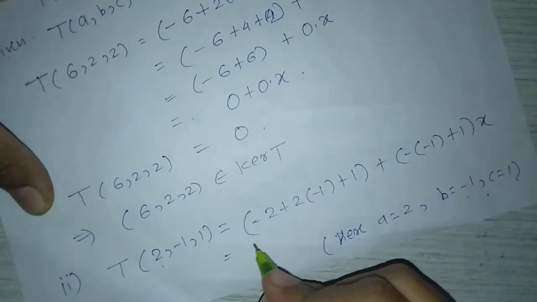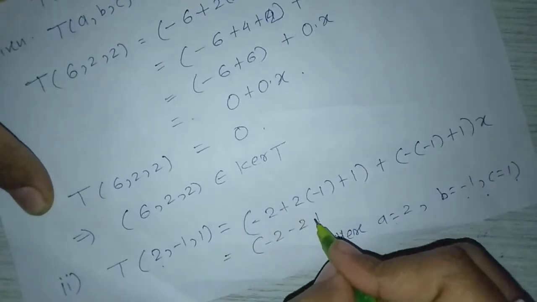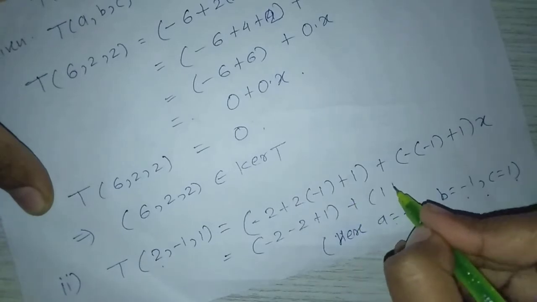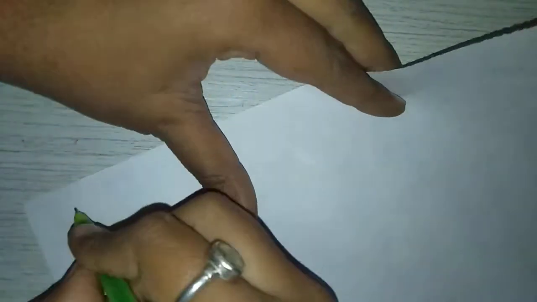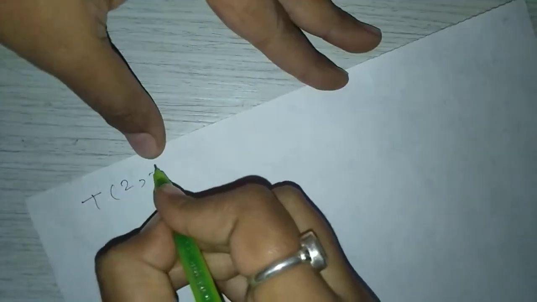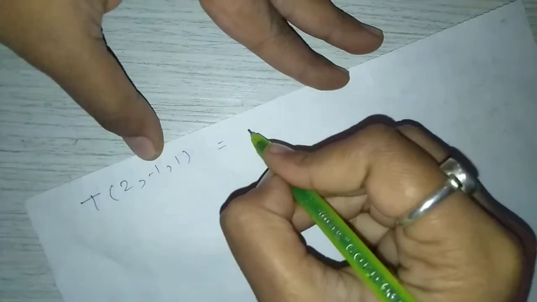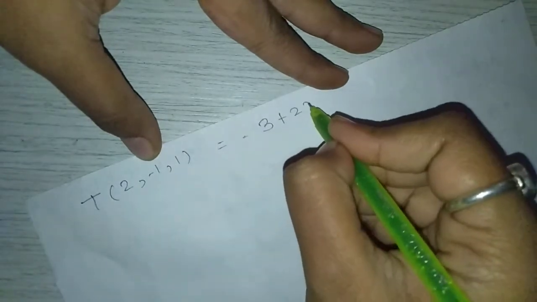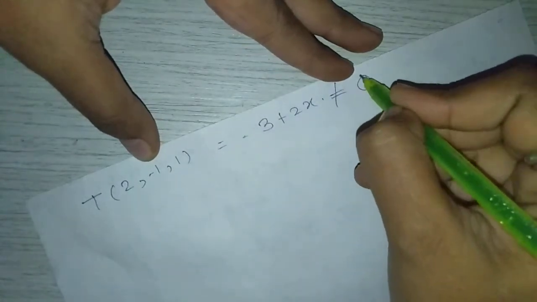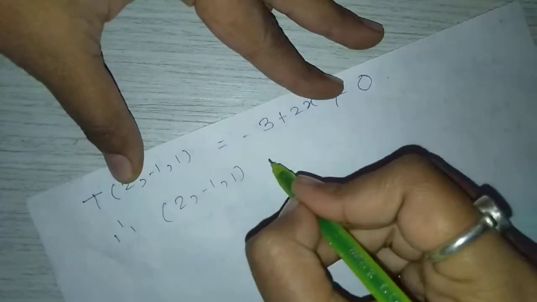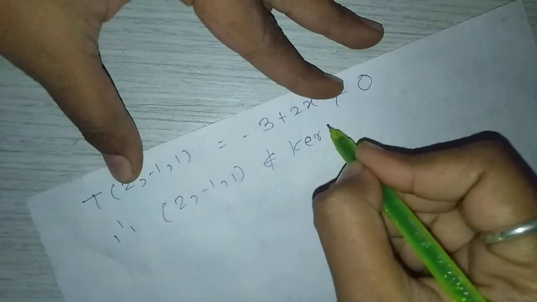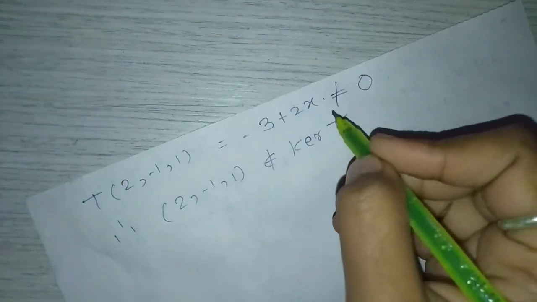We get −2 − 2 + 1 plus (1 + 1) into x, so T of (2, −1, 1) equals −3 + 2x, which is not equal to 0. Therefore, (2, −1, 1) does not belong to the kernel of T.